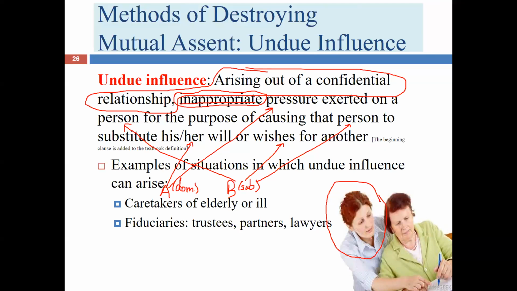Well, she may not say anything false, but the whole nature of the relationship may suggest to the elderly woman that this nurse would never take advantage of her. And so in some sense, there is kind of an implicit misrepresentation going on under those circumstances. So you can see how an undue influence situation could be analogous to duress, also could be analogous to misrepresentation.